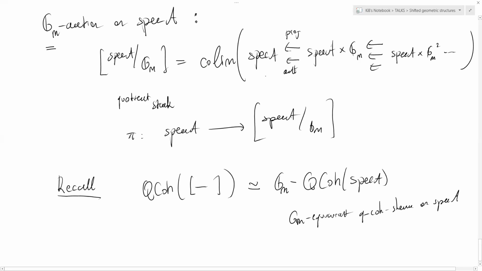Because here you have some projection and action maps. So if you look at the pullbacks along these maps, they must be compatible. So a GM-equivariant sheaf means you have some quasi-coherent sheaf on spec A such that under the pullback of the action and the projection map, just look at the diagram upstairs, these are equal, but plus some more coherences. Okay, but more or less, this is what it is.